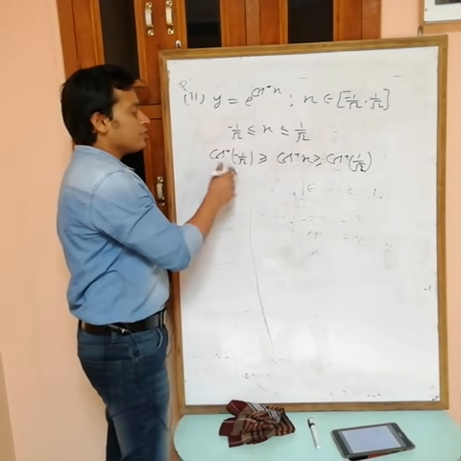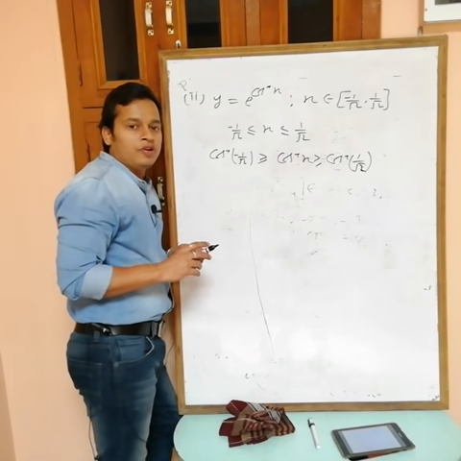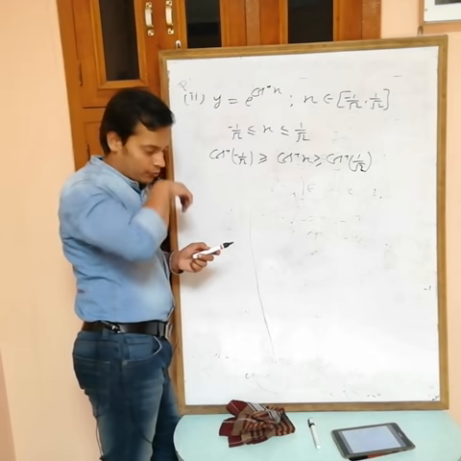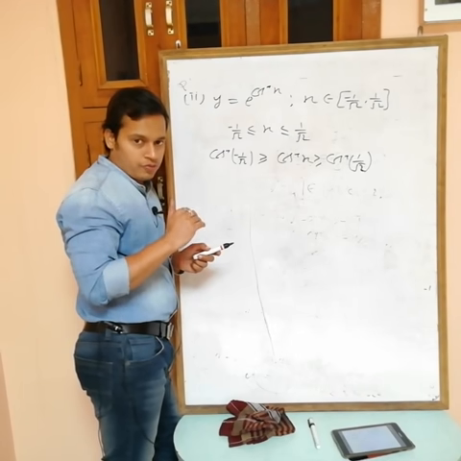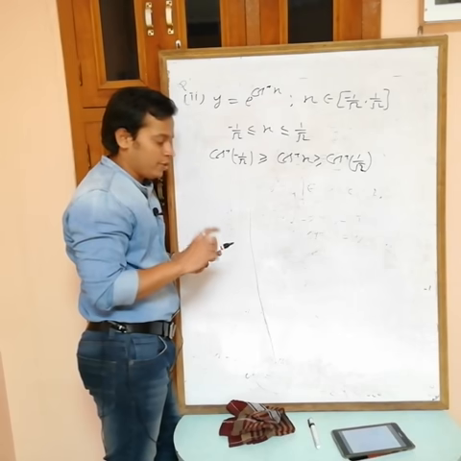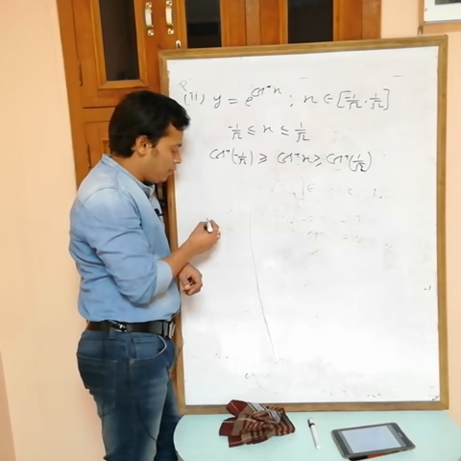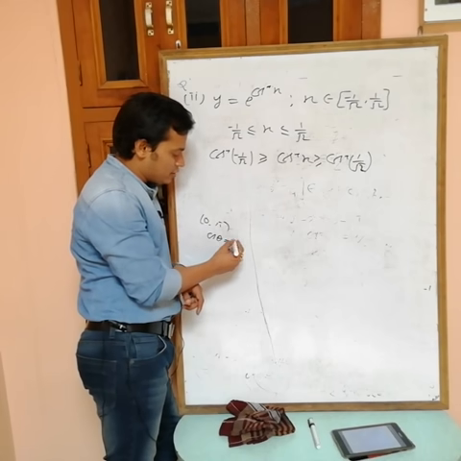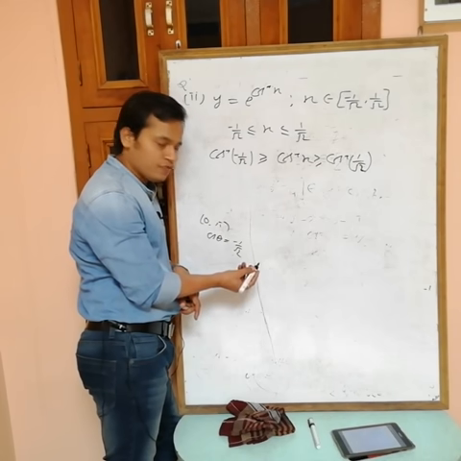Now cos inverse of minus 1 by root 2 is the value of theta such that cos theta is minus 1 by root 2, from 0 to pi, because the range of cos inverse is 0 to pi. So find an angle between 0 and pi such that cos theta equals minus 1 by root 2. Simple.